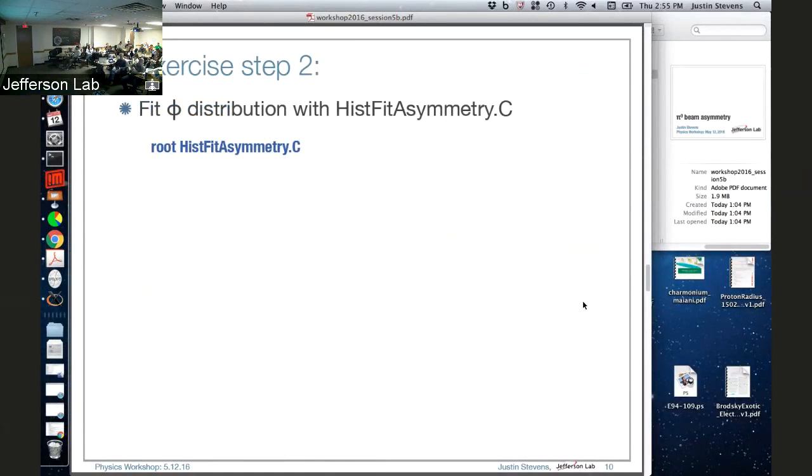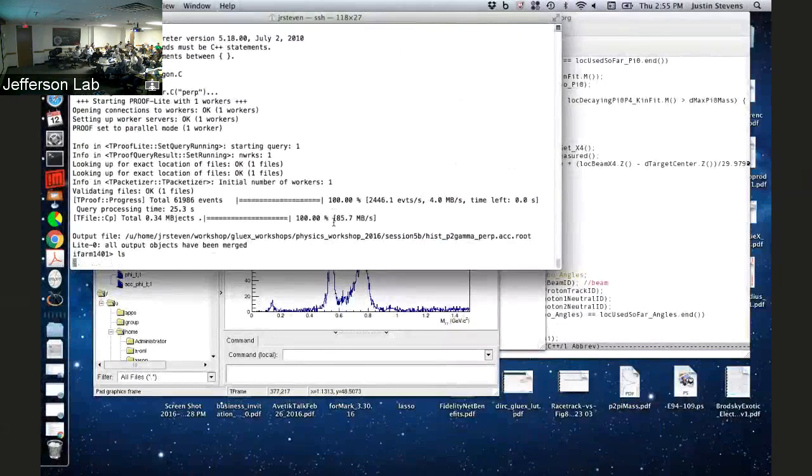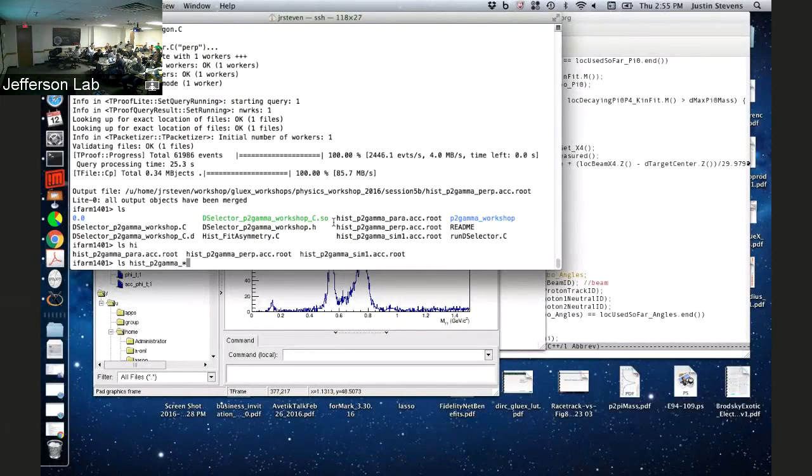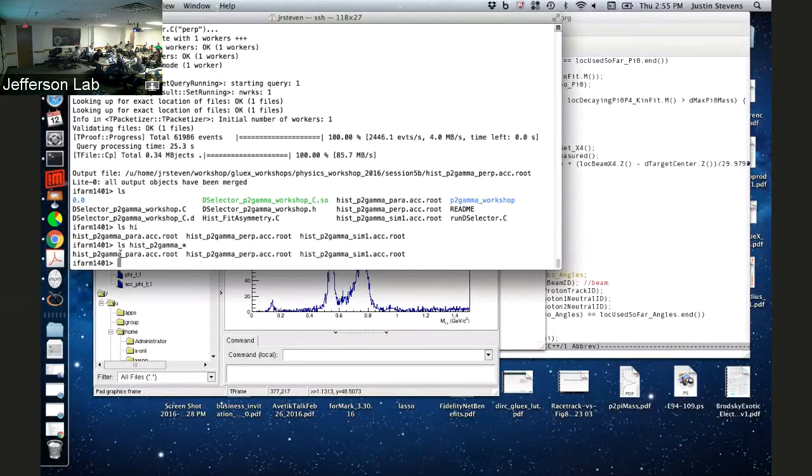All right. Okay, so the next step is to actually fit these phi distributions. So you can head back to your virtual machine where you should hopefully now have 3 files, which are hist p2 gamma para, hist p2 gamma perp, and hist p2 gamma sim1.